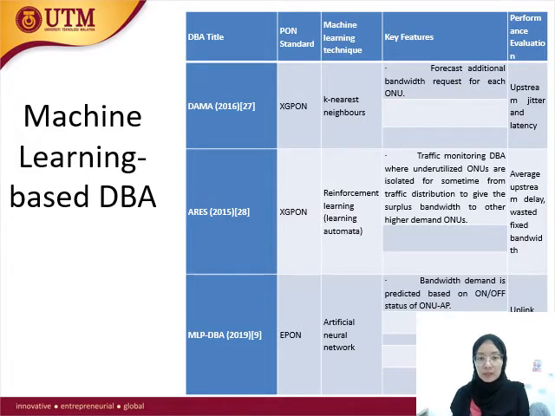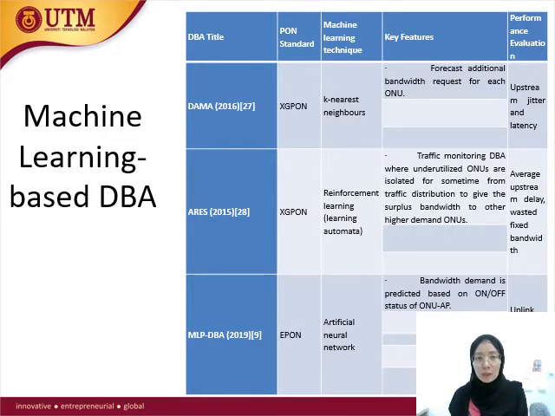The second one is ARREST. The PON standard is XGPON. The machine learning technique is reinforcement learning. The key feature is that it monitors traffic where underutilized ONUs are isolated for some time from traffic distribution to give the surplus bandwidth to other higher demand ONUs.